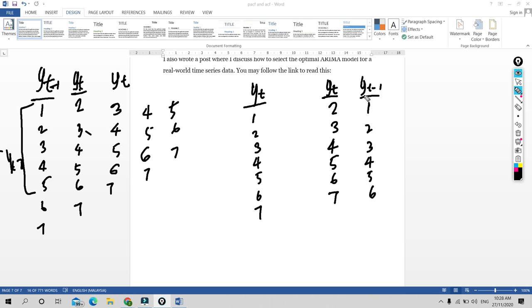If my data here is 3, YT minus 2 is 1, 4, YT minus 2 is 2, here is 5, YT minus 2 is 3, 6 is 4, and 7 is 5.